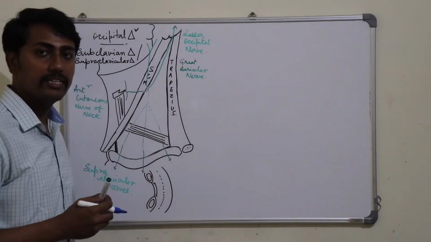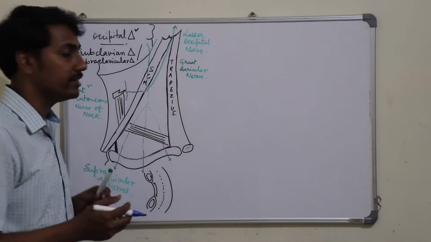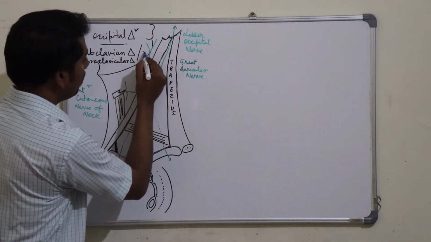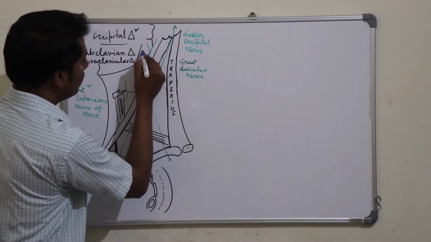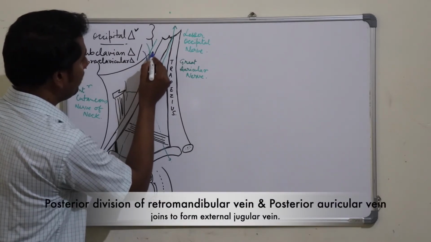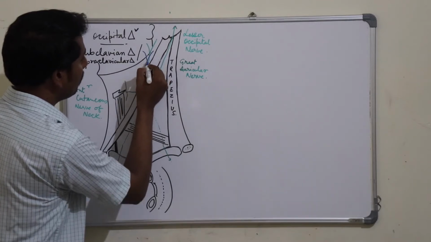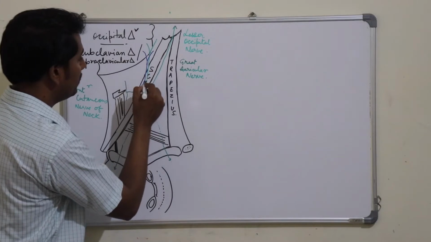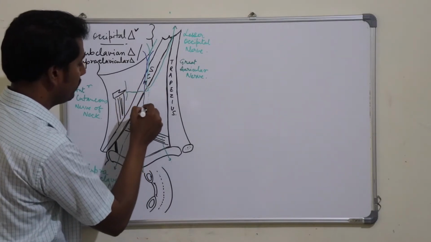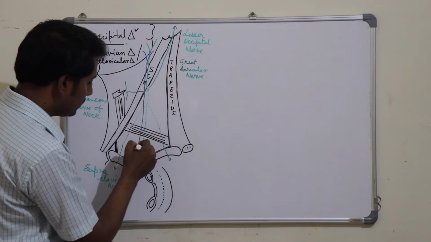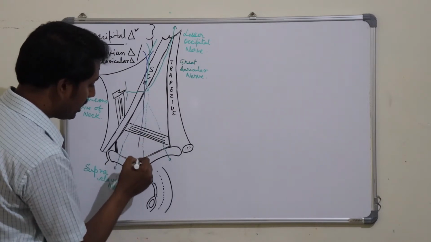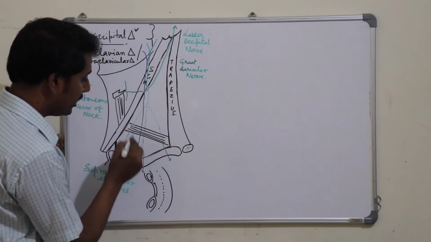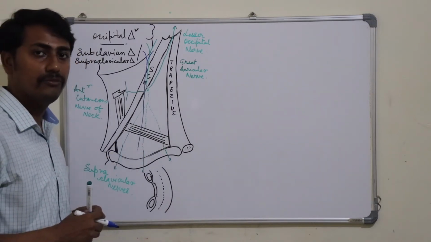Now the vein, that is the external jugular vein, which is formed near the angle of the mandible by joining of two veins, the posterior division of the retromandibular vein and the posterior auricular vein. It lies in the superficial fascia of the posterior triangle of the neck and just 2.5 cm above the clavicle, at this point, it pierces the deep fascia to drain into the subclavian vein.